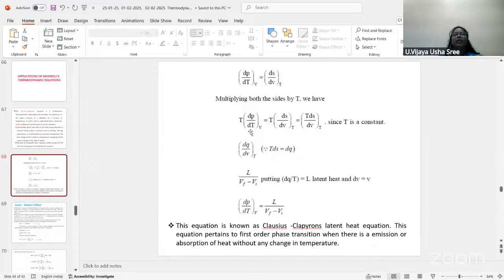Multiply both sides with T in this equation.